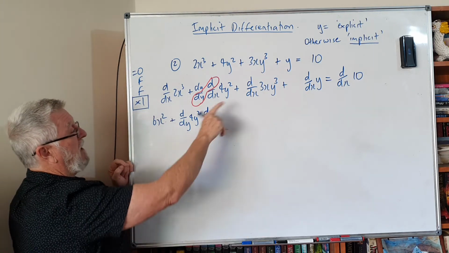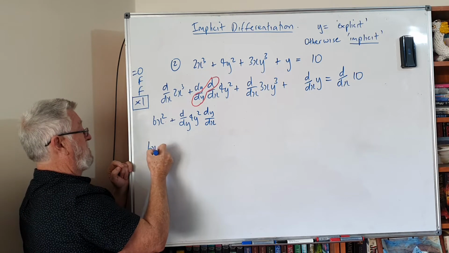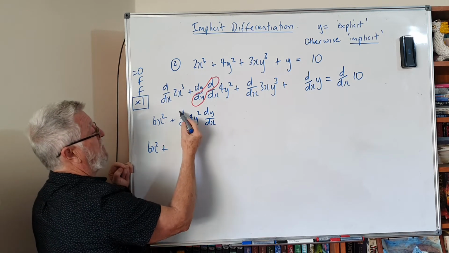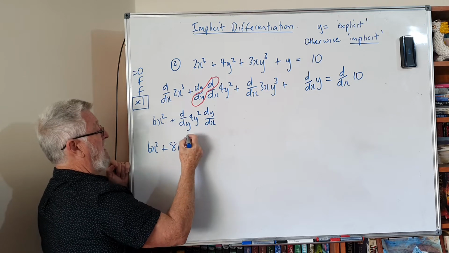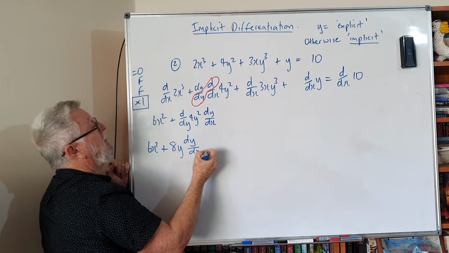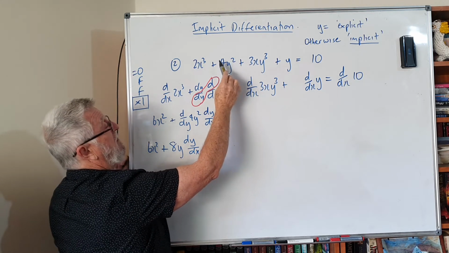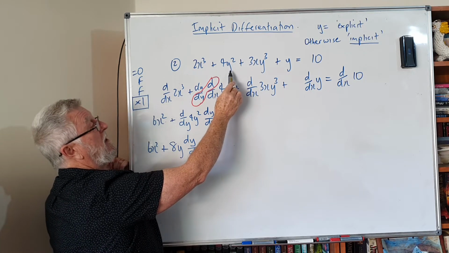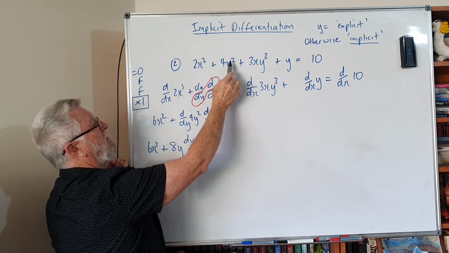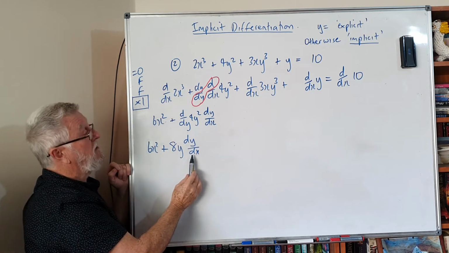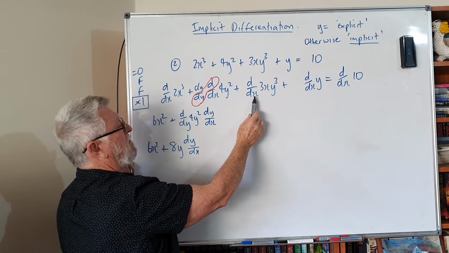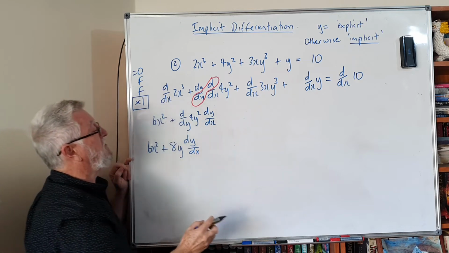Over here, if I keep going down, I've got 6x squared. Now the derivative of 4y squared is 8y. The interesting thing is, when you're differentiating a term in y, you can just say, what's the derivative of that? This is a shortcut. It's just 8y times dy dx. So we're going to apply that over here in a minute, but we're in a more complicated situation.